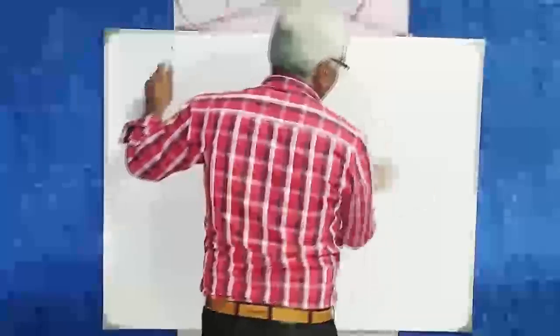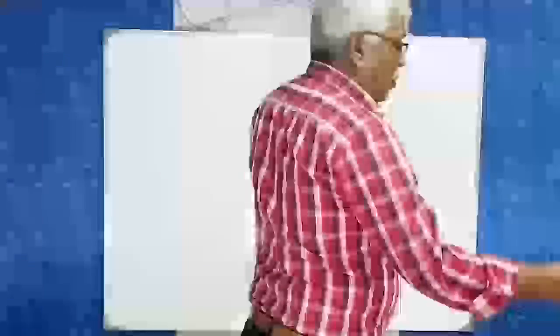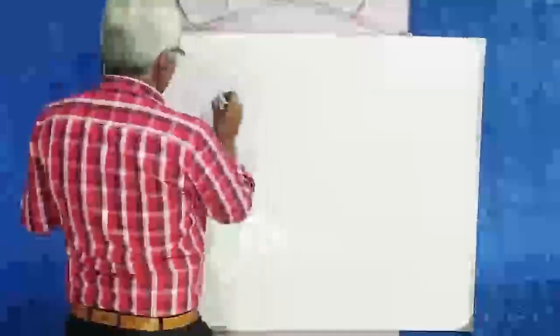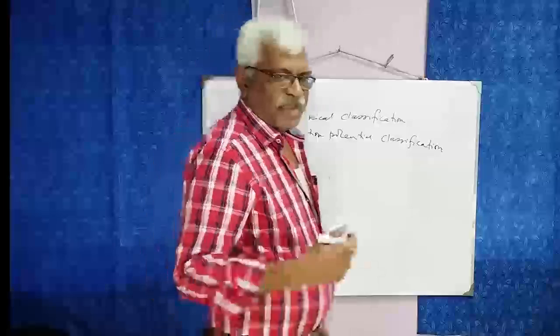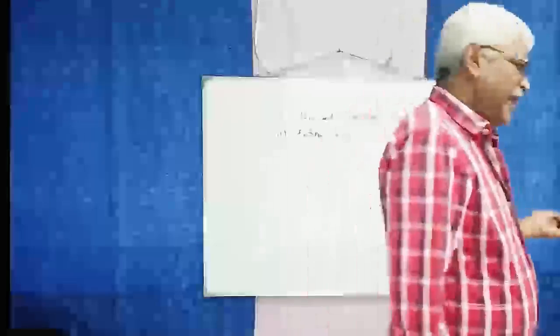Now, the antiarrhythmic drugs can be classified in many ways. Number one, according to the clinical classification. Number two, according to action potential. In the clinical classification, you choose the drug according to the site where it is effective.